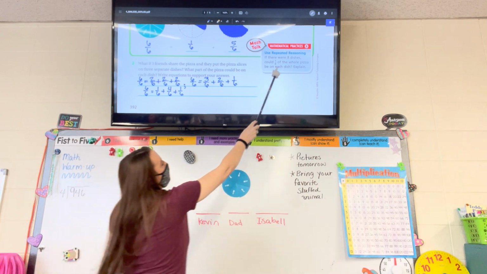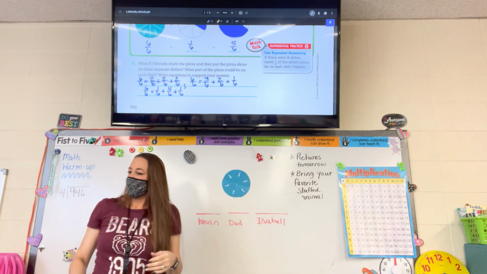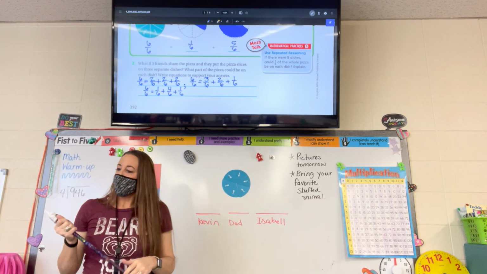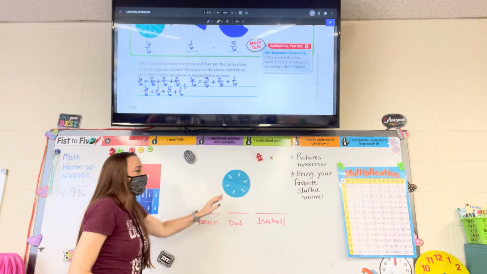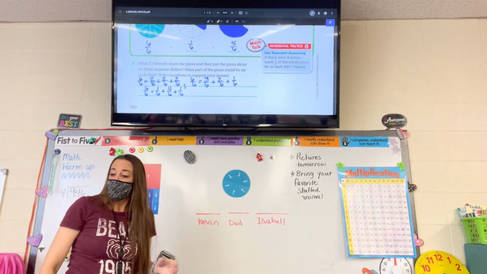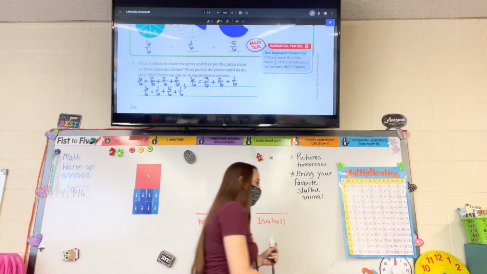Could we put 1/6 of the whole pizza on each of 8 plates? No, that's not the equal fraction. Now if 8 people showed up, you could probably do that, but it wouldn't be equal pieces anymore, right?